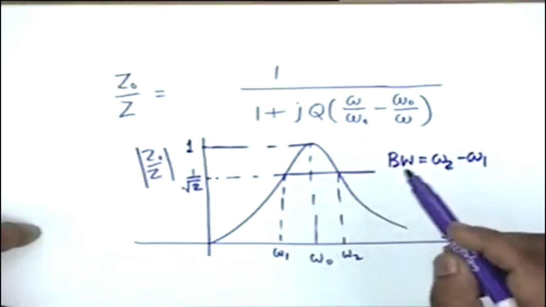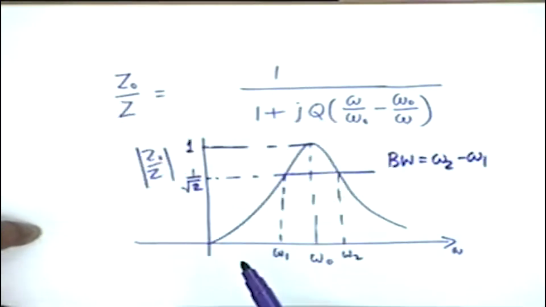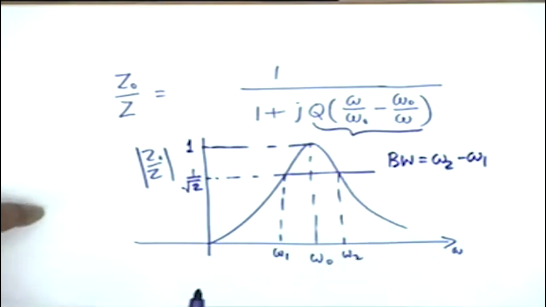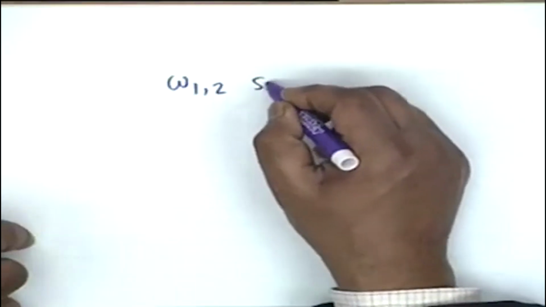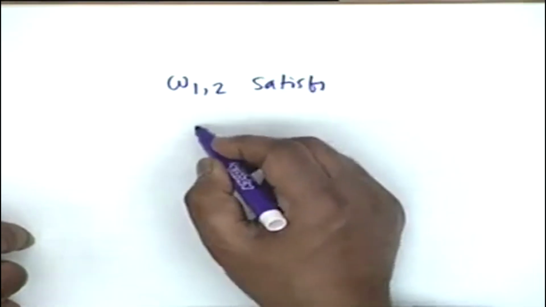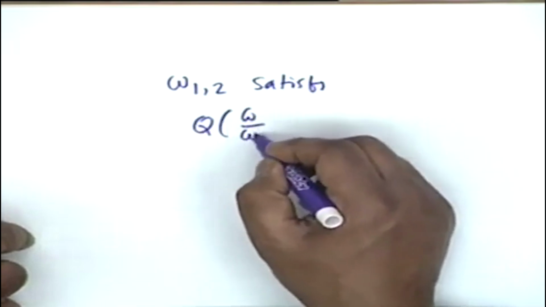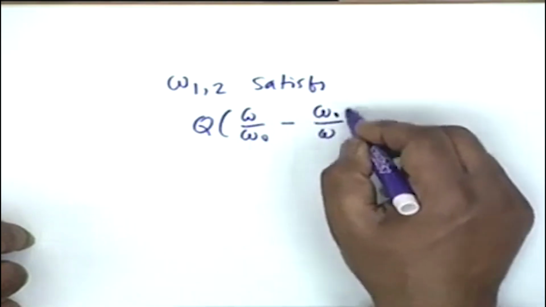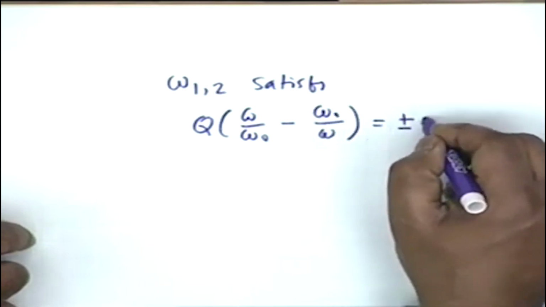Alright, we can actually find out omega 2 and omega 1. When will this magnitude become equal to 1 by root 2? Obviously this quantity will have to be equal to plus 1 or minus 1. In either case it would be 1 by root 2, and therefore omega 1 and omega 2 satisfy the equation Q times omega by omega 0 minus omega 0 by omega equal to either plus 1 or minus 1.